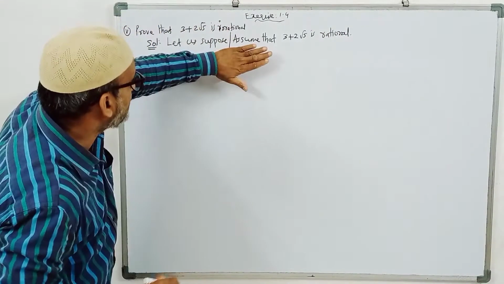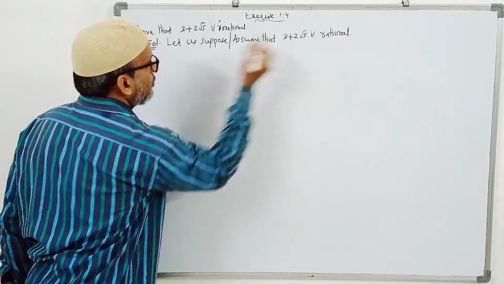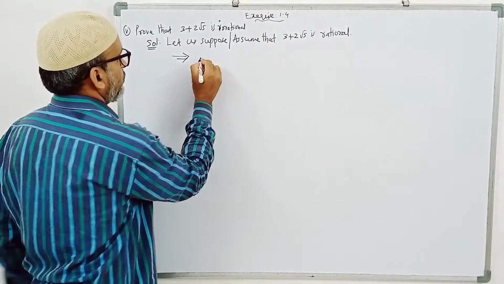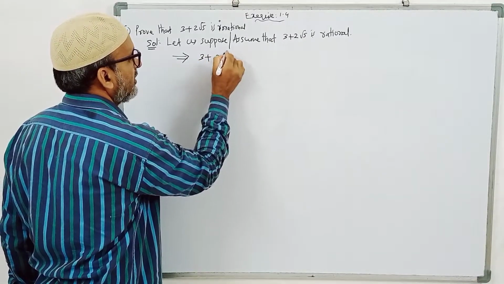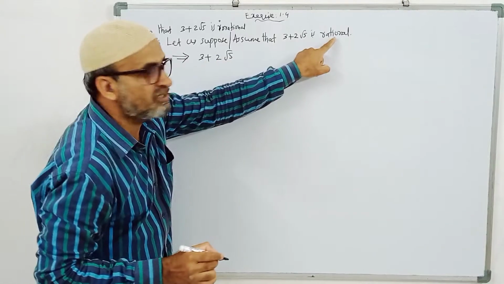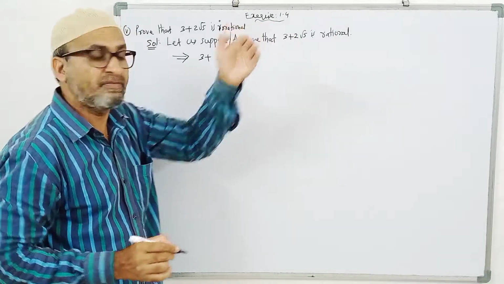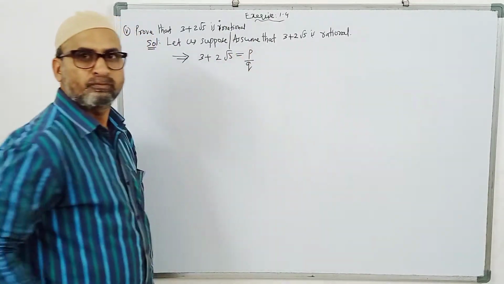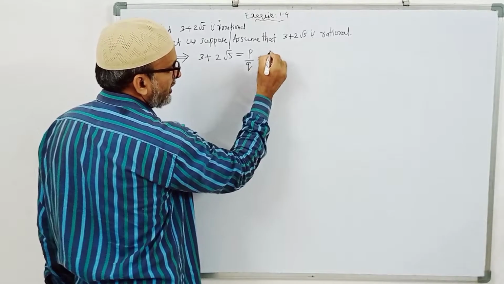Now, by seeing this step, "is" means "implies", so we should start with implies. 3 plus 2 root 5 is rational. The definition of rational is P by Q, where Q is not equal to 0.